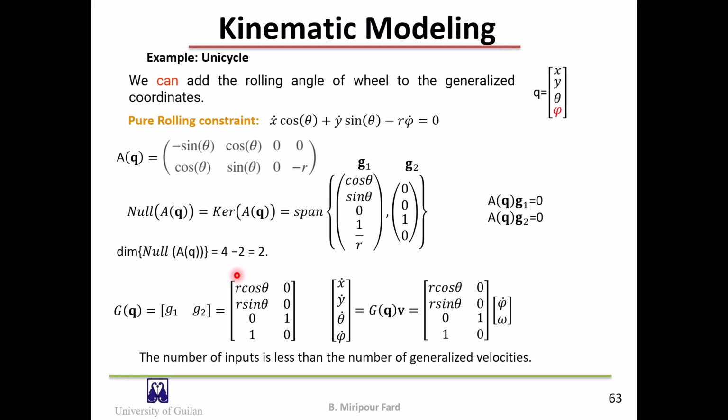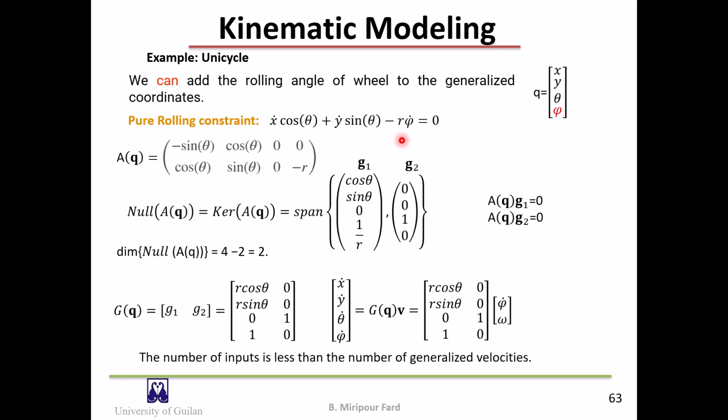We can add the rolling angle of the wheel to the generalized coordinates. We can add phi, which is the rolling angle. So the pure rolling constraint should also be considered. It says that there is no slipping in the longitudinal direction. So the velocity of the contact point of the wheel with the ground is 0.